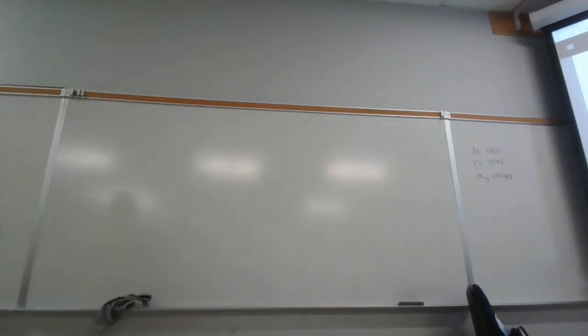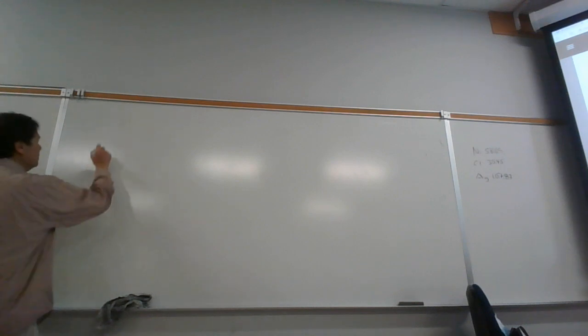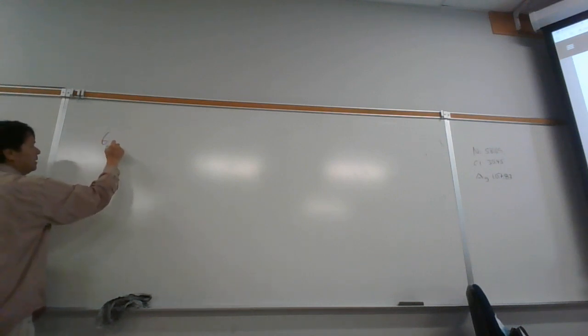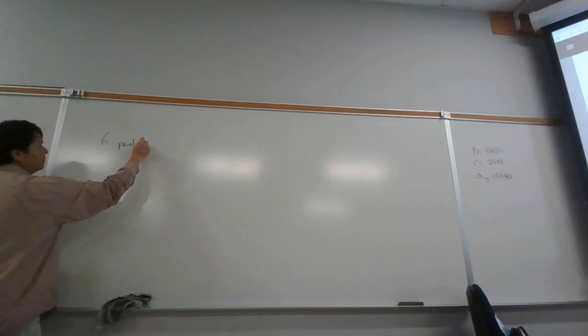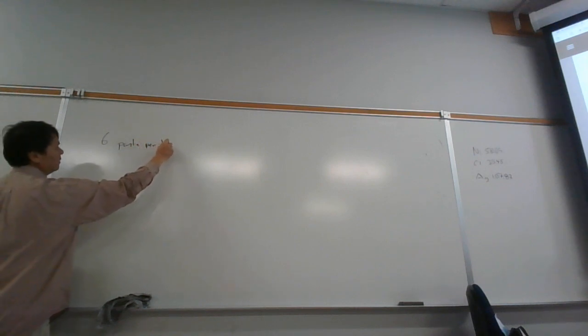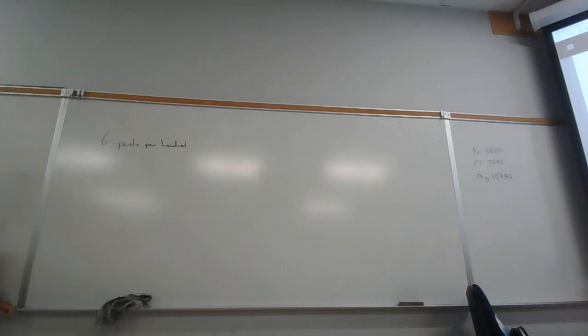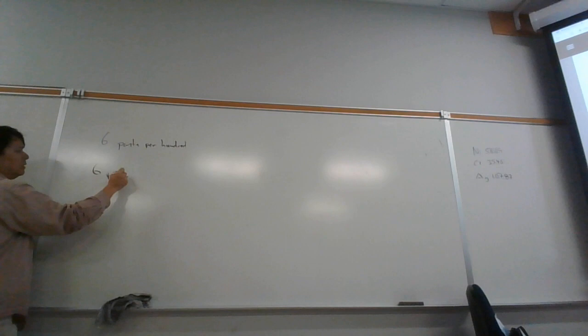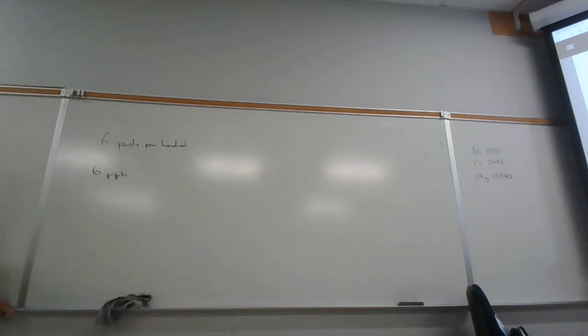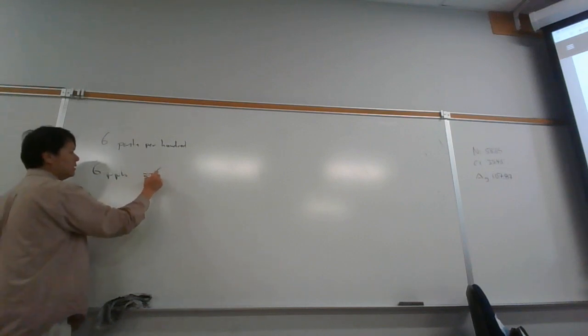So if you had 6 parts per hundred, we could call that 6 pph. But we have a symbol for parts per hundred. What is the symbol for parts per hundred? Percent. And so this is 6%.